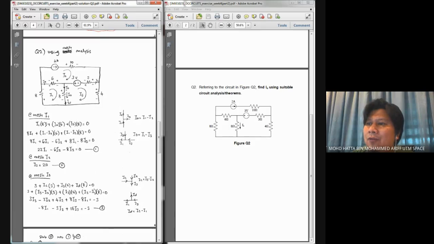First we settle mesh I1. To solve mesh I1, I need to set up Kirchhoff voltage law around the loop. First I need to identify the polarity of voltage drop across each resistor. Consider this is the first mesh.